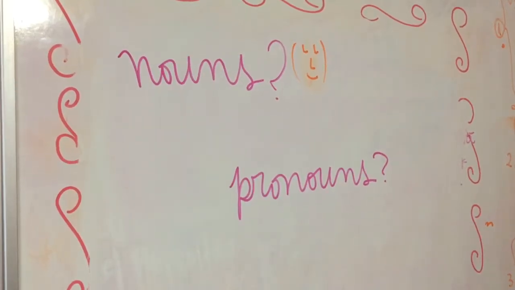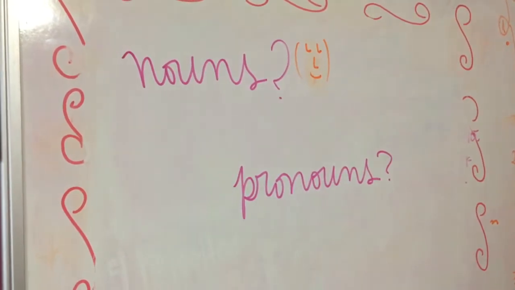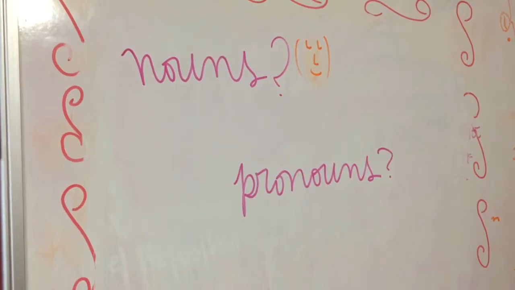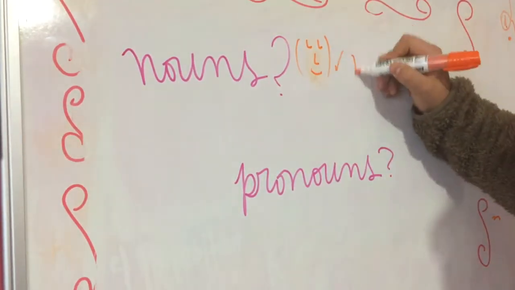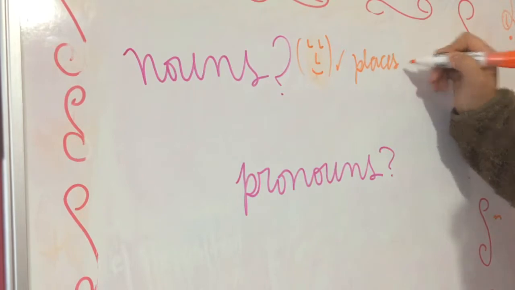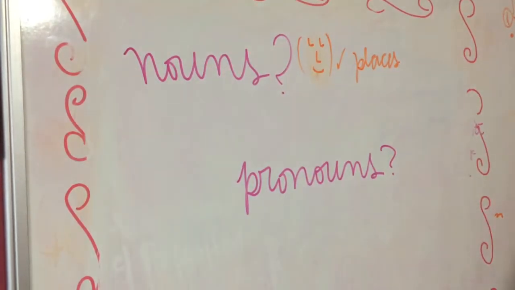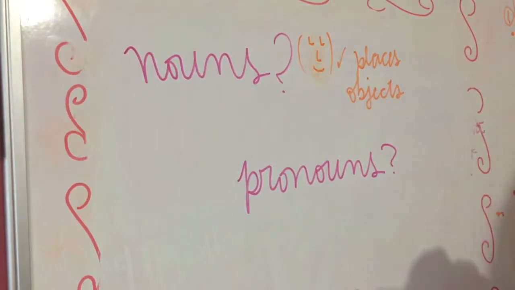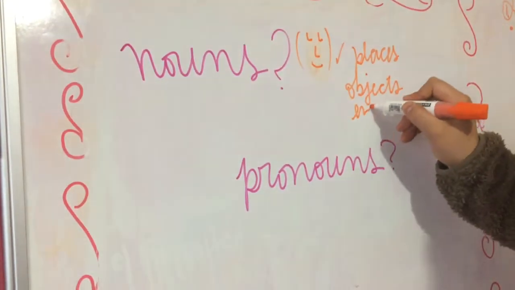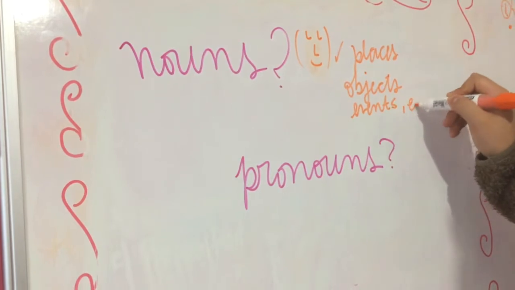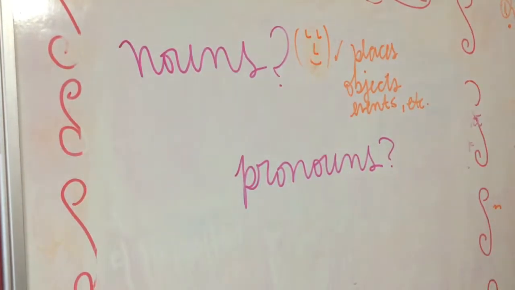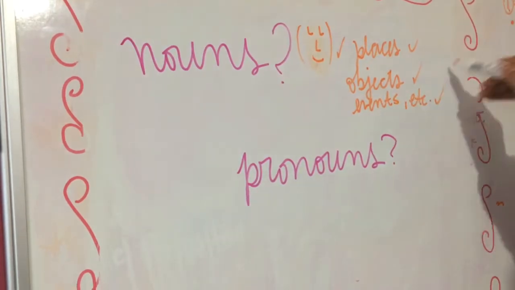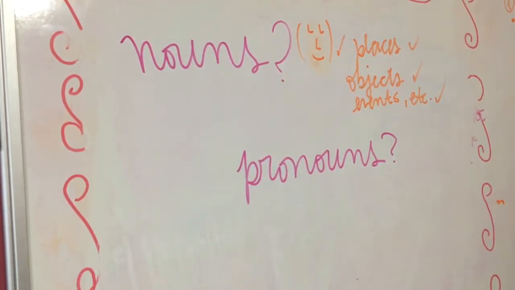Our third difference is between nouns and pronouns. The nouns are used to name people, as we can see here, places also, names of objects, events, etc. With the nouns, we name places, objects, or events, among many others.